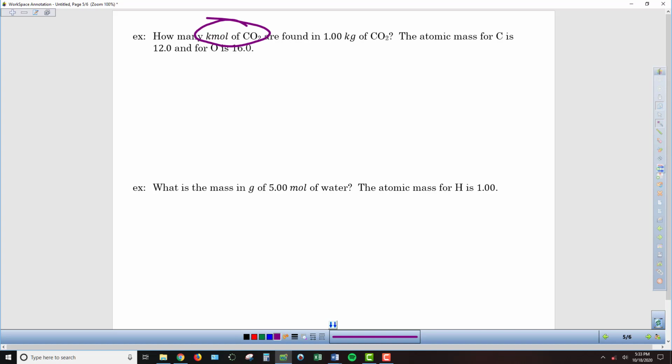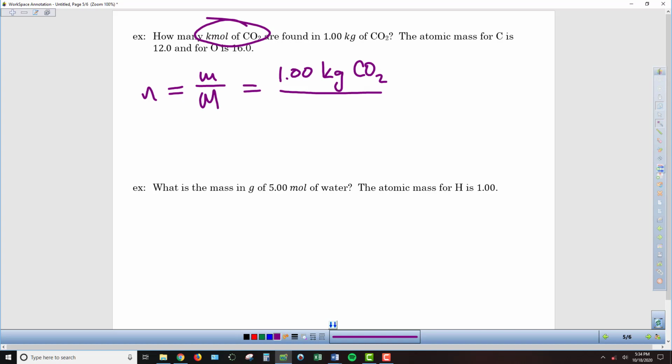We have the given atomic masses there at 12 grams or kilograms per mole and 16 kilograms or grams per mole or kilomole. So in our equation, n equals m divided by M. Remember, n is going to be the number of moles. The lowercase m is going to be the mass of substance that we have. So in this case, that's 1 kilogram of CO2.